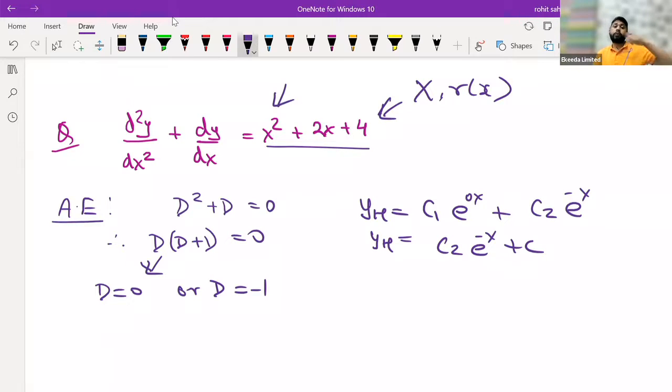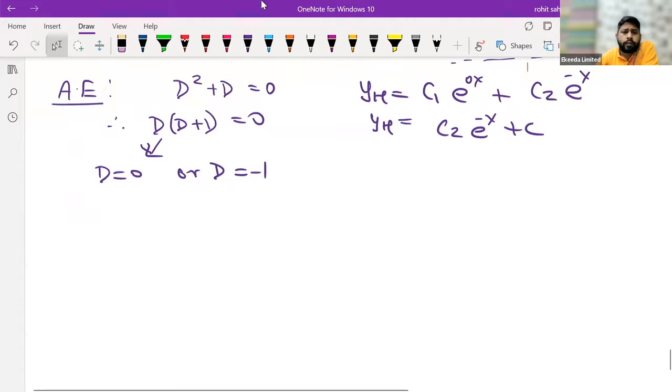So even if it was only x square, आपको जो इसका particular solution लेकर चलना है, that should be c3x square plus c4x plus some constant c5. Fine, right? Even if it was only x square, then also you'll have to take it like this.